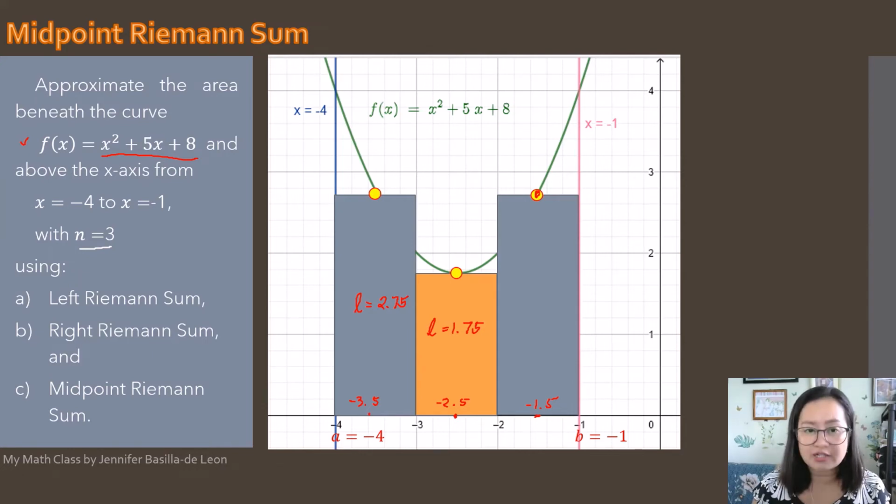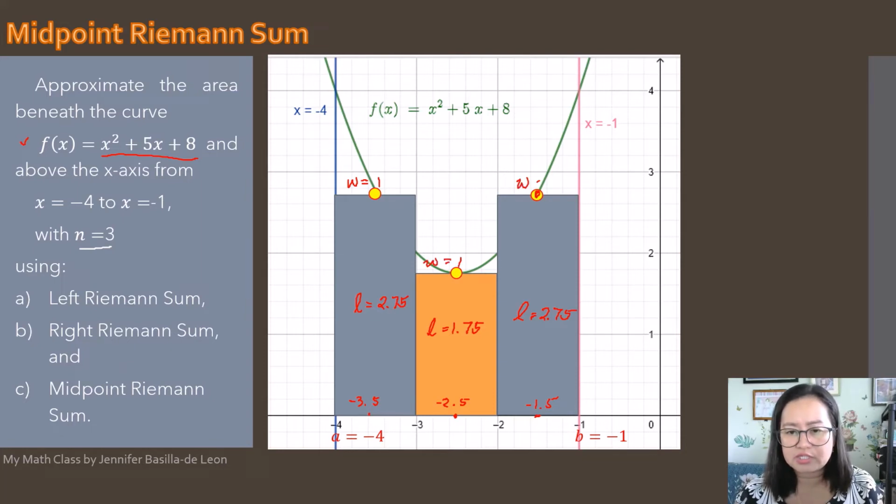Using our calculator, we will have 2.75. Now take note that the width of these rectangles are all equal to 1.